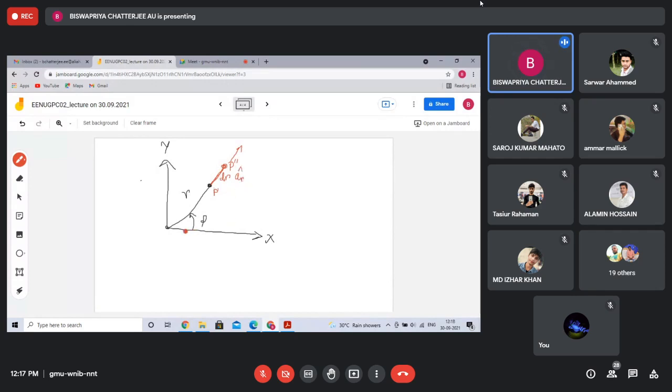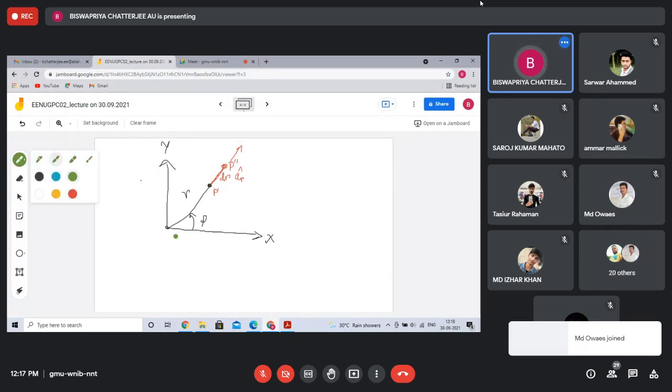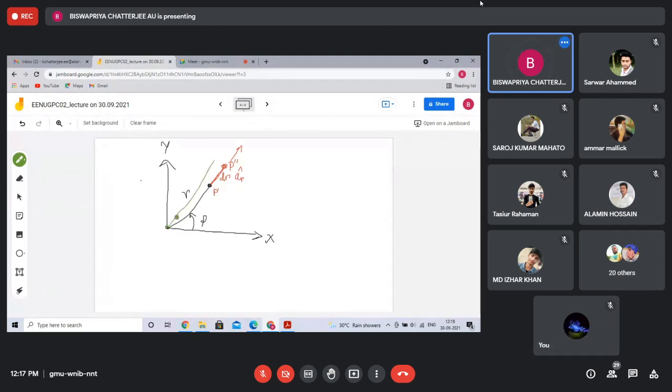Now let us see, we have incremented a small amount d phi, so the whole line segment will become like this. This green line will become dl phi.